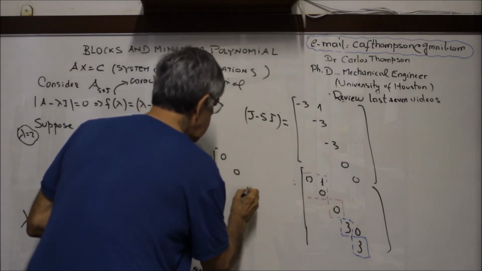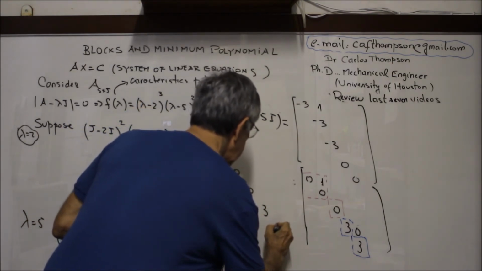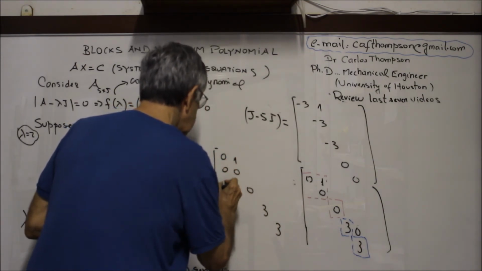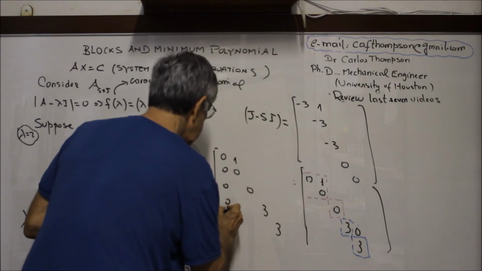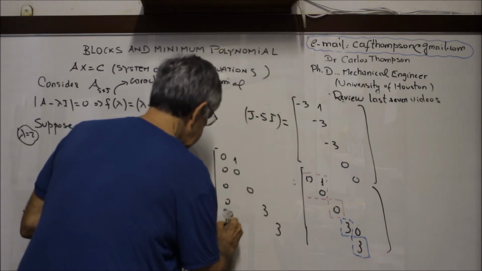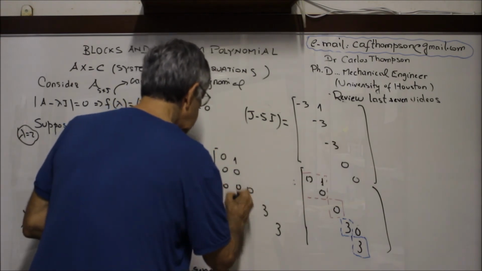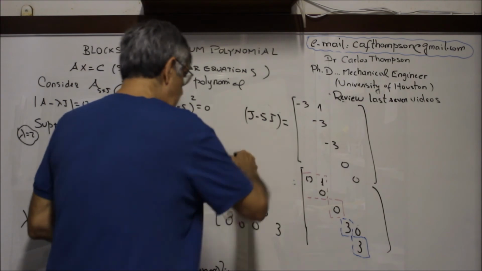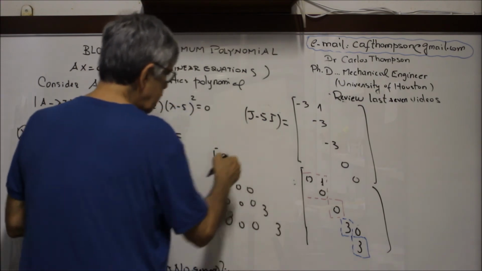So I'll just put here 0, 0, 0, 3, 3. Here's 1, 0, 0, 0, 0. Last one, let's put it here: 0 here, this is all 0. And also, this is 0, except this 1.